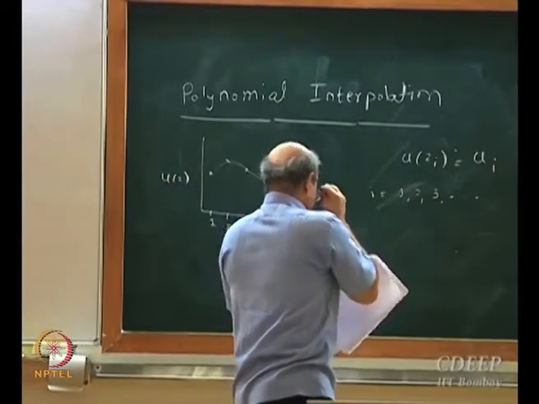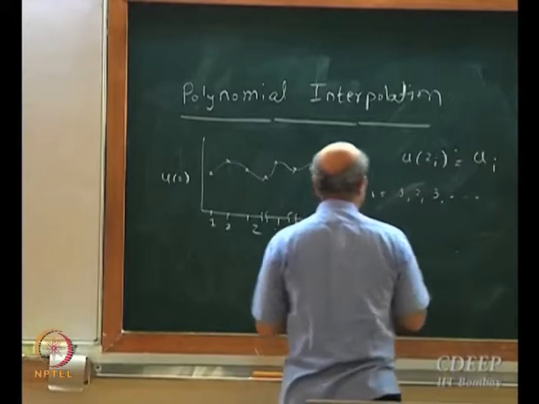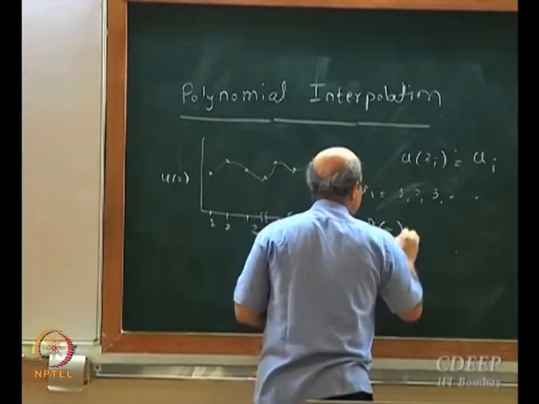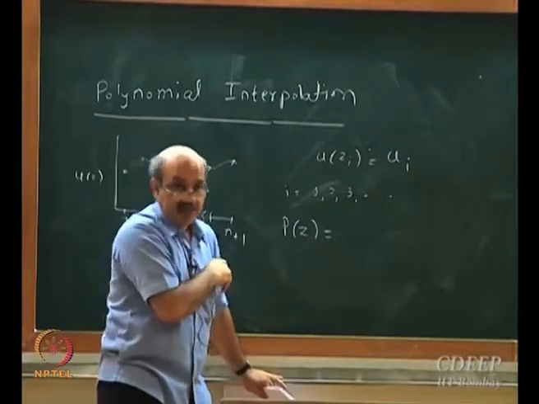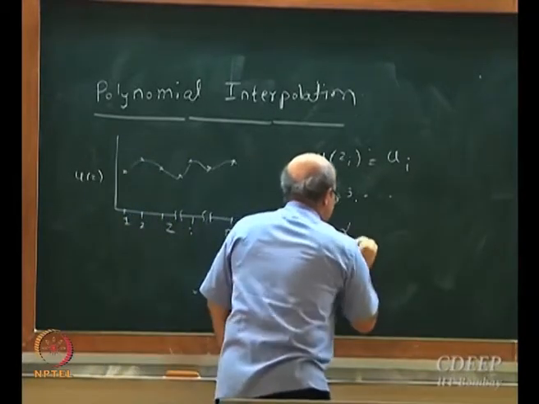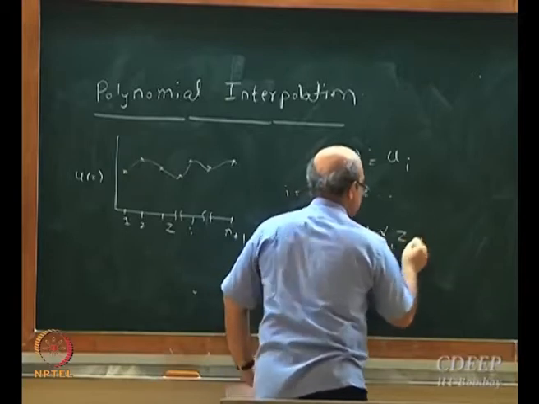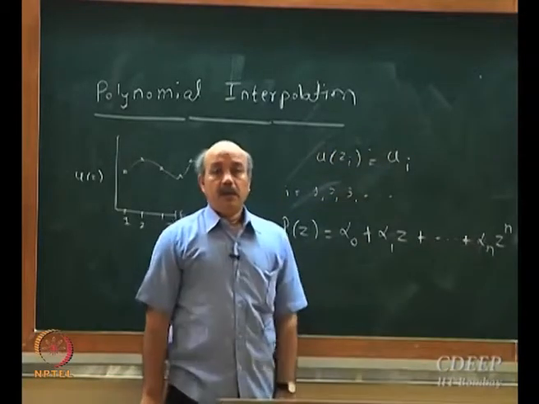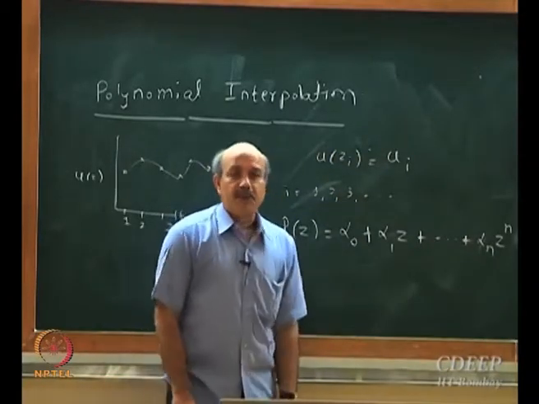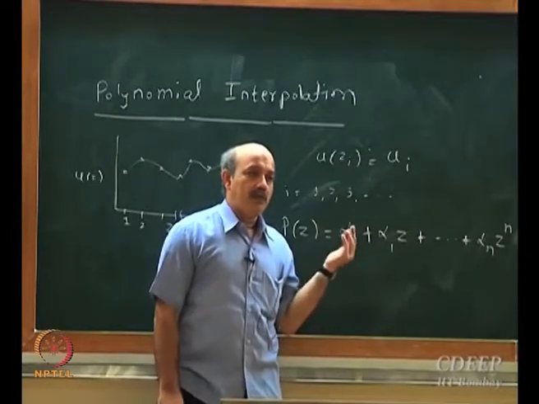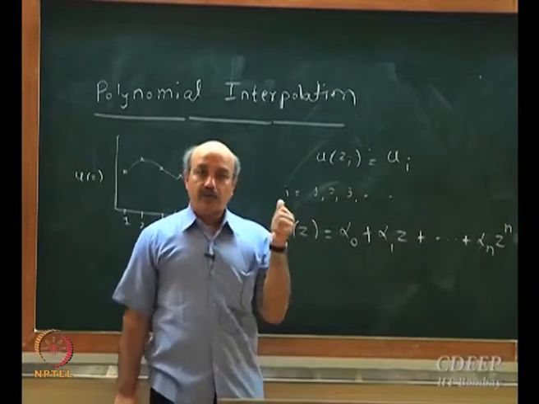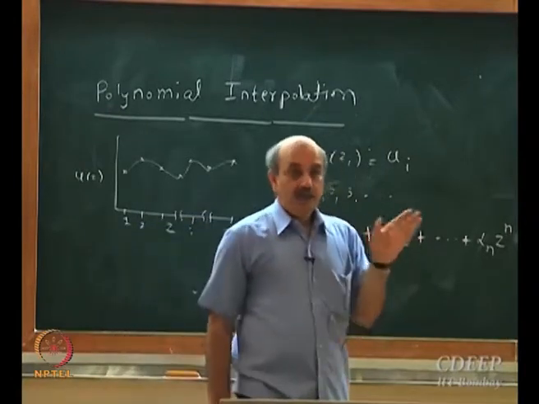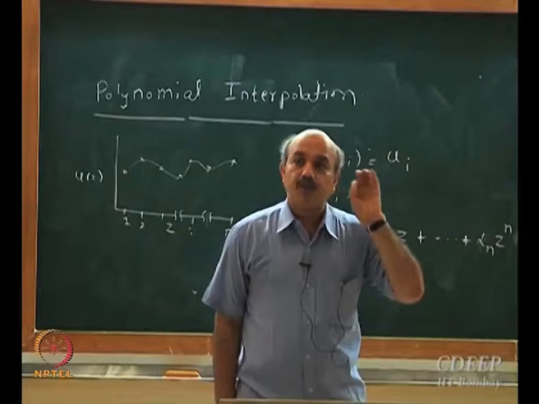So my problem is to construct a polynomial approximation P(z), with coefficients alpha 0, alpha 1, and so on. If I have n plus 1 points, I can fit a polynomial of order n that exactly passes through all these points. I need a polynomial of order n because the polynomial must pass through every point.